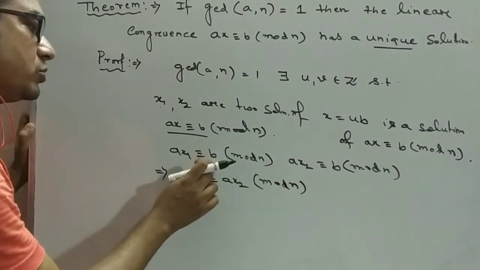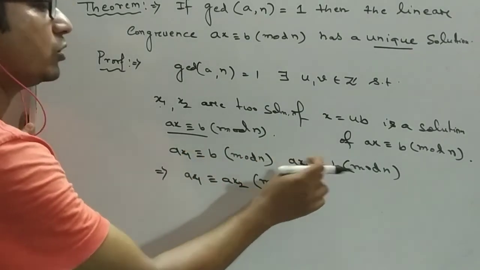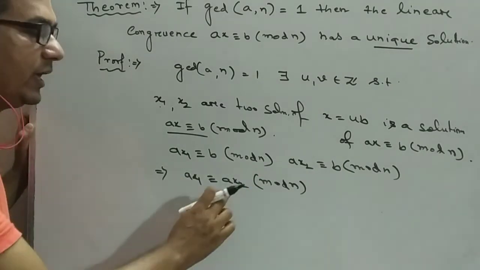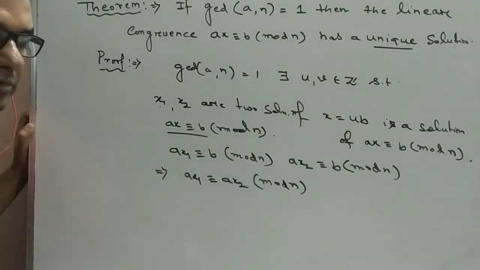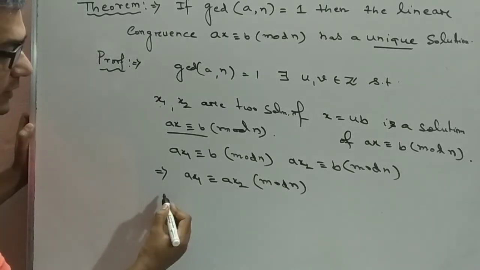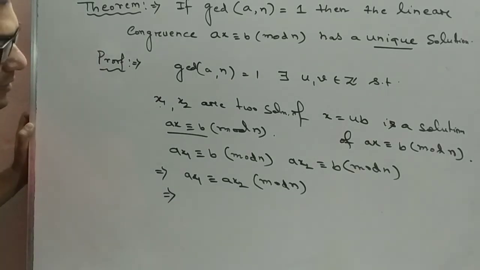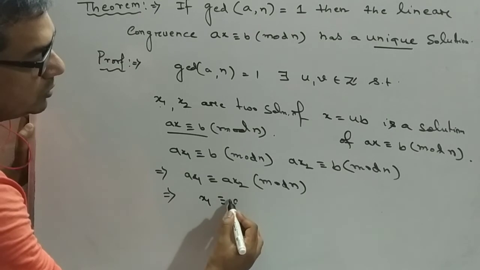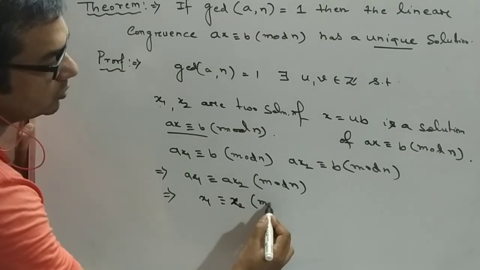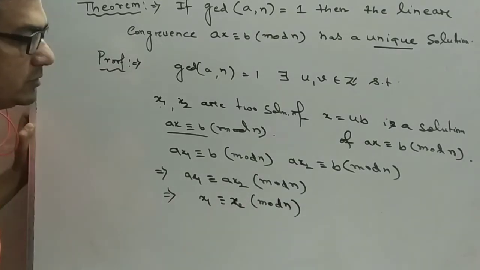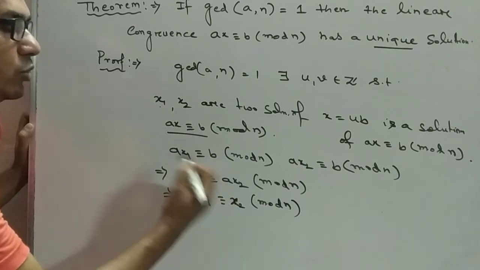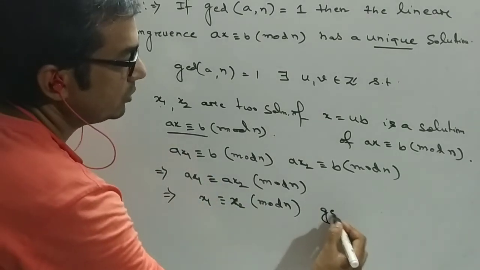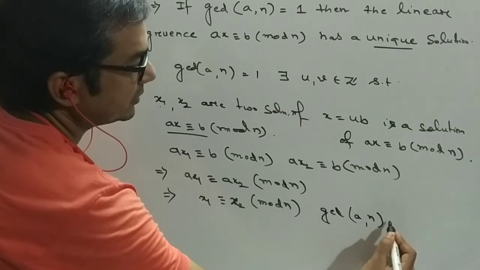This implies x1 is congruent to x2 mod n. We cancel A from both sides, because GCD of A and n equals 1.